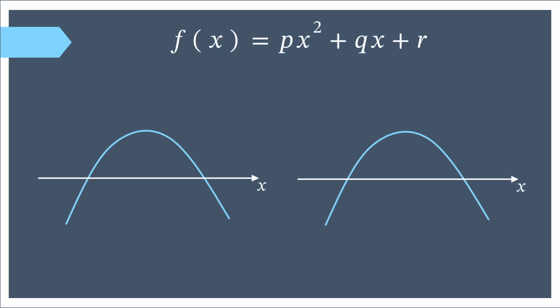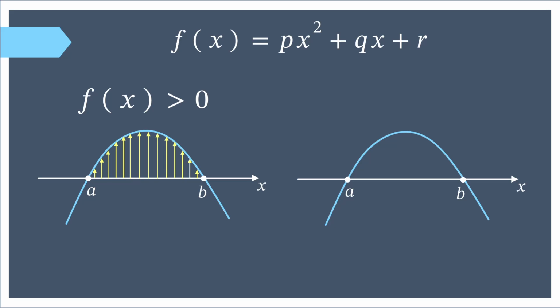In a situation where we have the quadratic curve in this shape, where the roots are a and b, if you're asked to solve the inequality f of x is greater than 0, remember we said f of x greater than 0 means the graph is above the x-axis. So it's above the x-axis for values that are between a and b in this case.